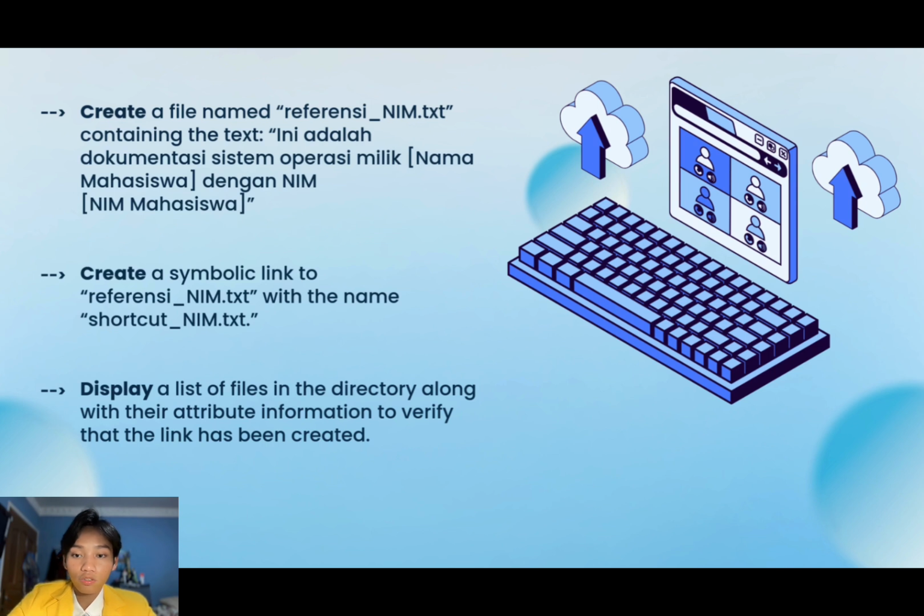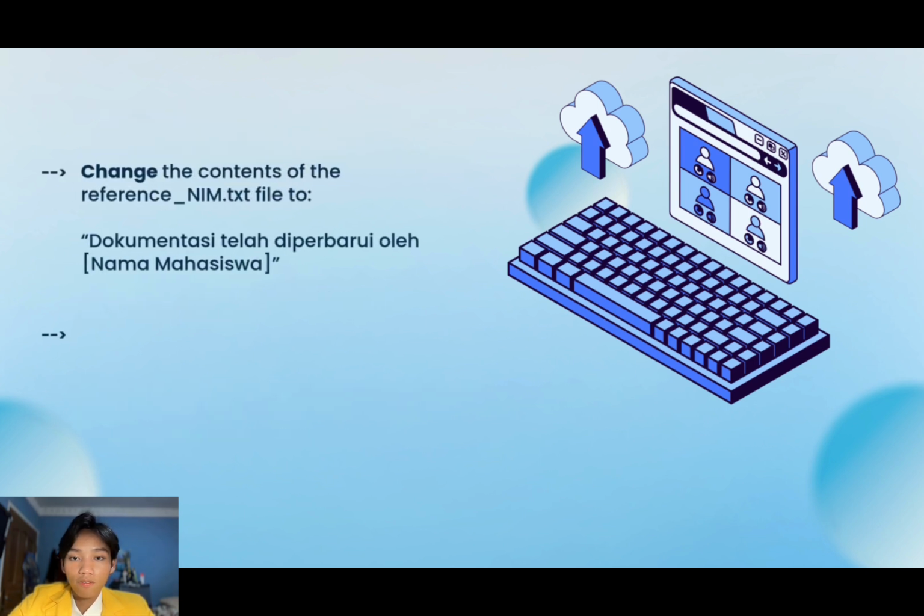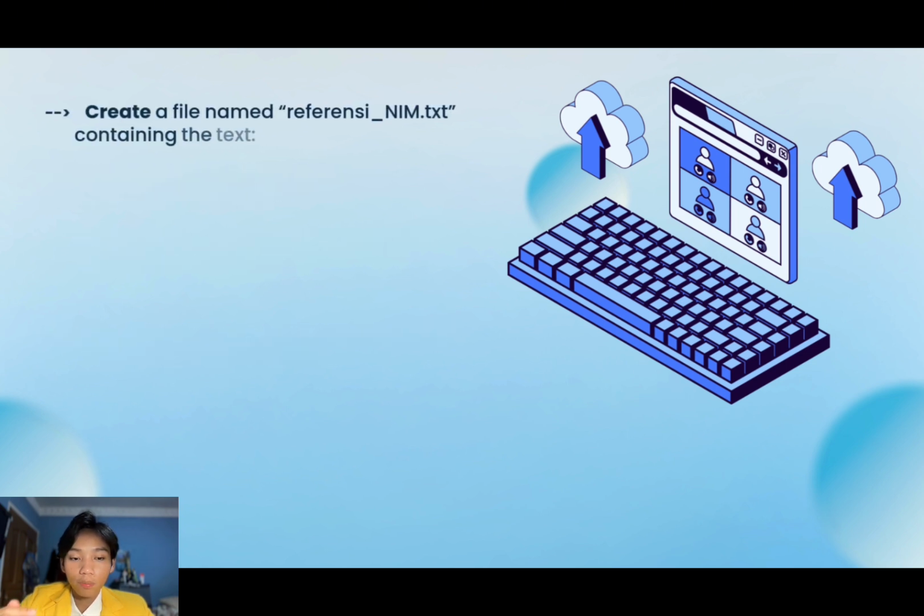The third task is to display a list of files in a directory along with their attribute information to verify that the link has been created. For the fourth task, we change the content of the reference name text file to dokumentasi telah diperoleh oleh nama mahasiswa. And the final task is to show the content of shortcut name txt and to explain what happened to it.